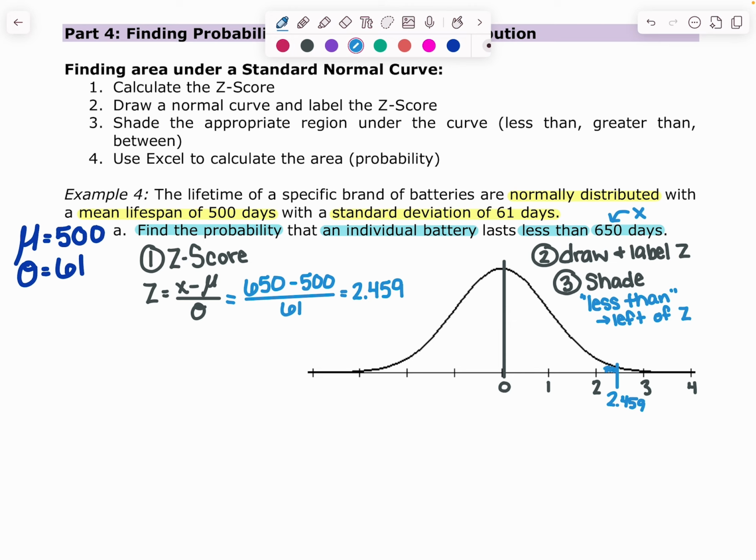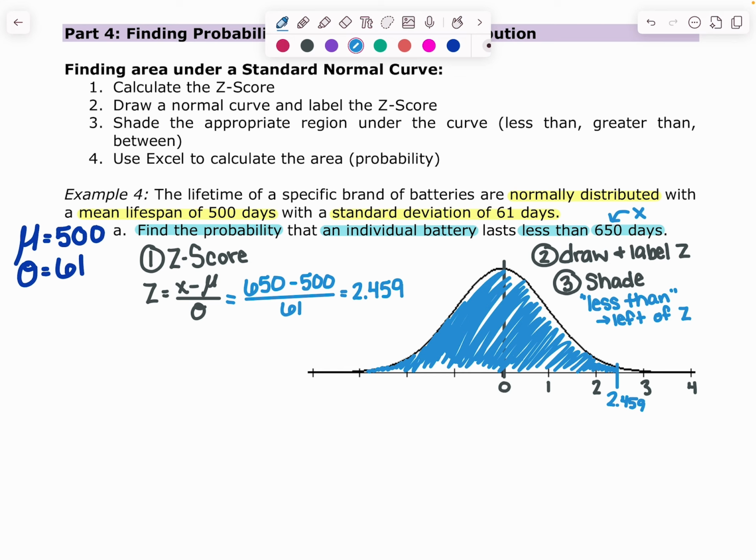So I'm going to start at my z-score and I'm going to shade everything to the left. And this is a point where if you want to do some nice color therapy, you want to make it look really good, this is a great chance to do that. You also can just do a quick shade like this.